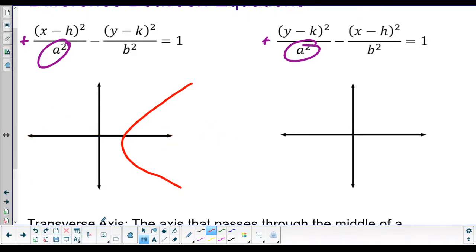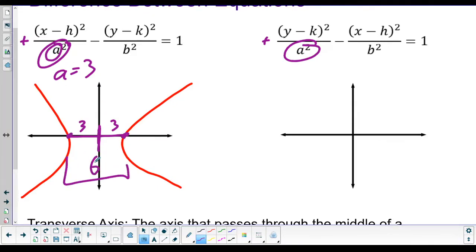A better way to describe this is that a is telling us the distance between these two vertices. So let's say a equals 3. From the middle to one of the vertices is 3, and from the middle to the other vertex is 3, for a total of 6.